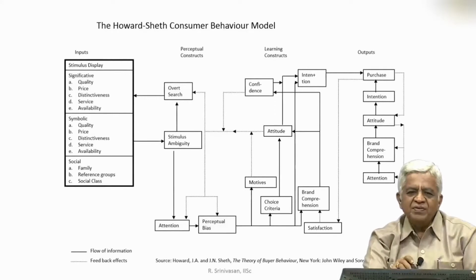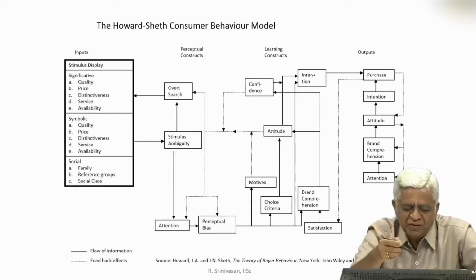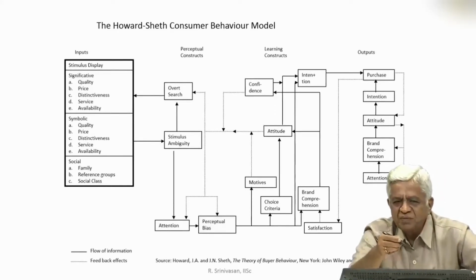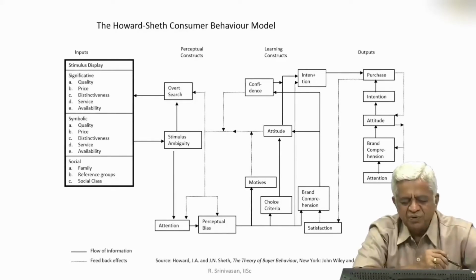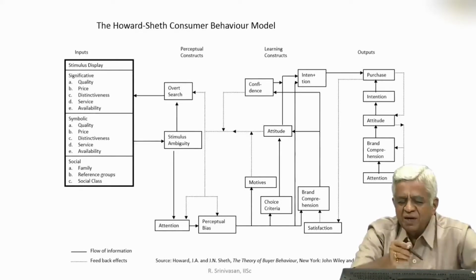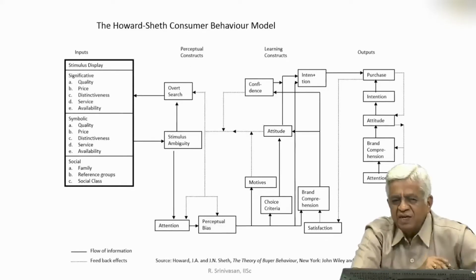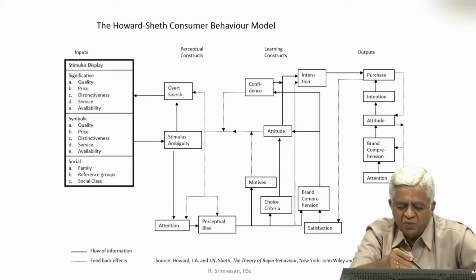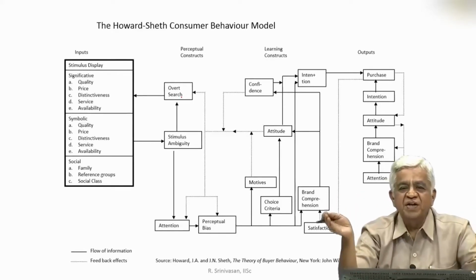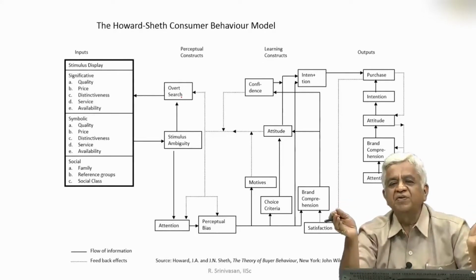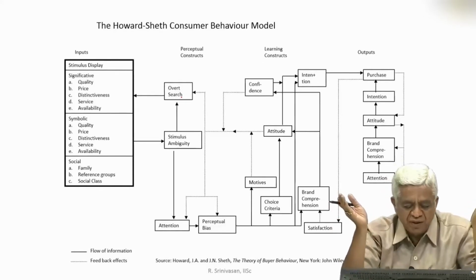Now all this is going to give a few things with respect to the consumer. He enters the domain of what we call the perceptual constructs. So these inputs give him the domain. When he comes to the domain of perceptual constructs, he does what is called the overt search, that is open search. So which are the ones which are exhibiting the products which he is looking for, the companies.